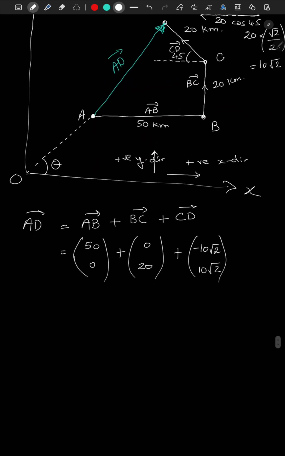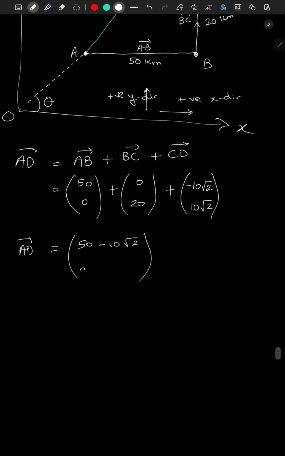Therefore, when you add the vectors, you will get 50 minus 10 root of 2 in the x direction, and in the y direction 20 plus 10 root of 2.